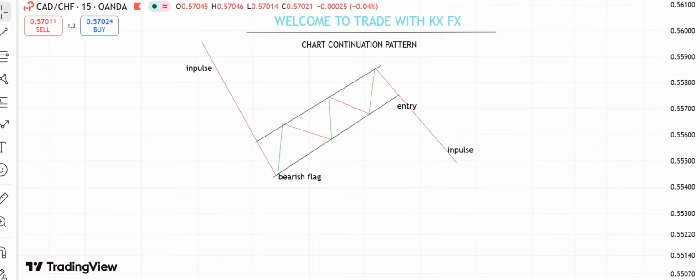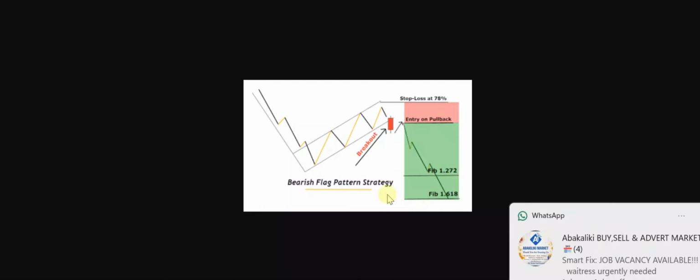Before our bearish pennant, we have a little example. Watch this chart now. This is the bearish flag pattern strategy. The market sold from here, it keeps selling, and now it gives you a pullback reaction.